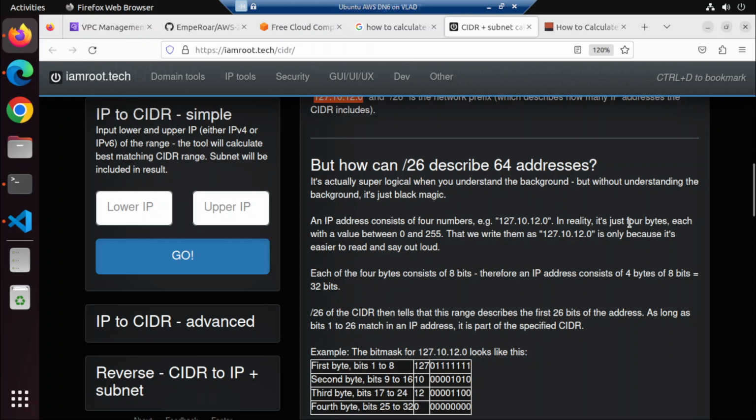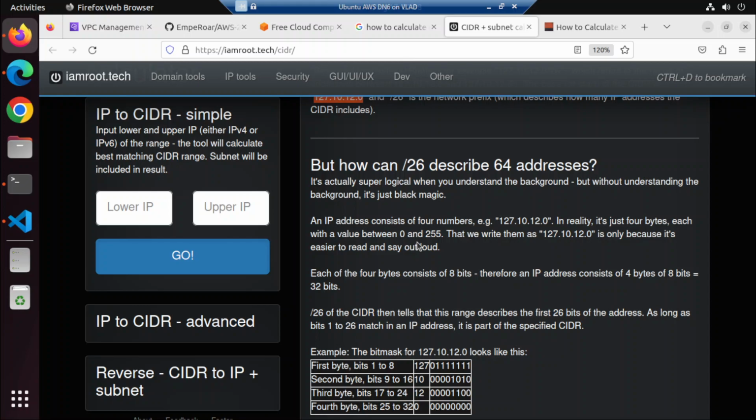In reality, it's just 4 bytes, each with a value between 0 and 255, that we write as 127.10.12.0 only because it's easier to read and say out loud. Each of the 4 bytes consists of 8 bits.